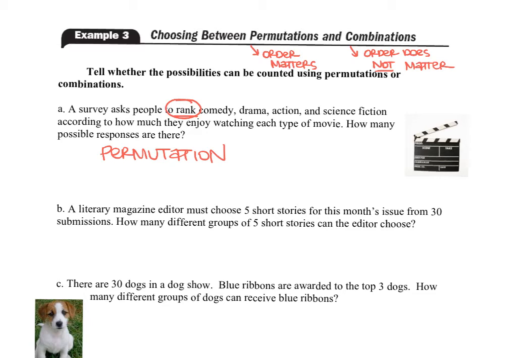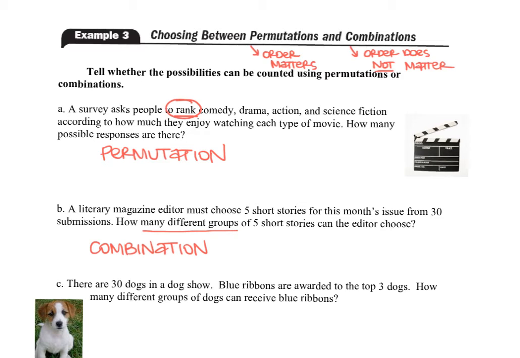B, a literary magazine editor must choose 5 short stories for this month's issue from 30 submissions. How many different groups of 5 short stories can the editor choose? All right, well, the key phrase here is how many different groups. This is a combination because the order does not matter. He's not ranking the short stories.